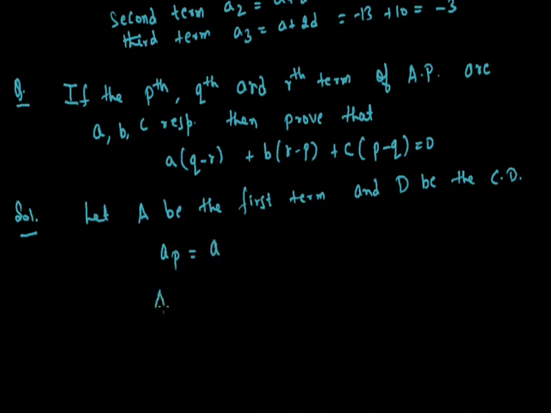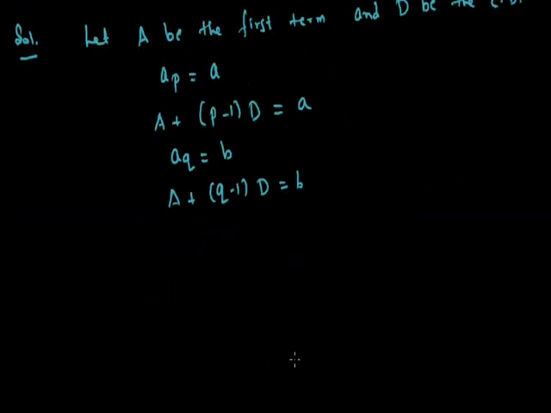Now pth term is A plus (p minus 1) D equal to a. Similarly, qth term is equal to b. So we can write A plus (q minus 1) multiplied by D equal to b. And the rth term equal to c. So A plus (r minus 1) multiplied by D equal to c.